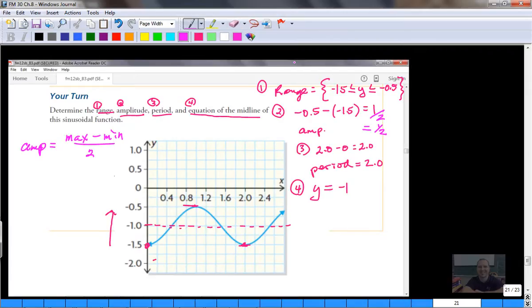Okay. Period 3. So here's a start point. Here's another start point to the cycle, or start and end points. Okay, and so that's 0 to 2. One full cycle is 2 units there.